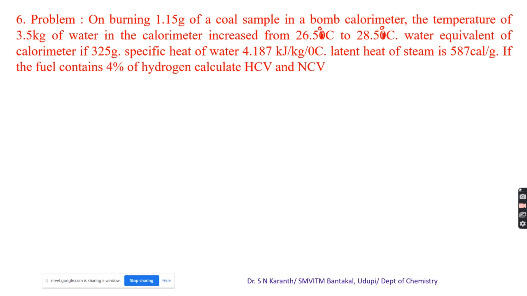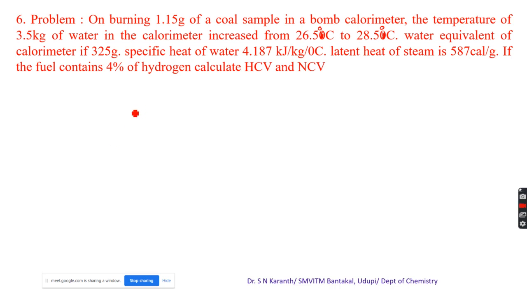Water equivalent of calorimeter is 325 gram. The specific heat of water is 4.187 kilojoule per kg per degree Celsius. The latent heat of steam is 587 calorie per gram. If the fuel contains 4% hydrogen, calculate HCV and LCV.